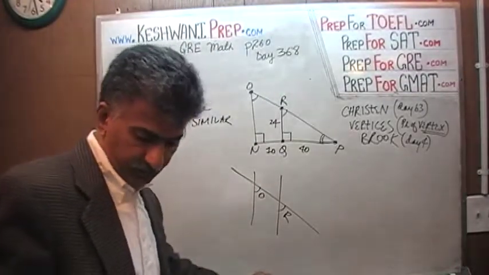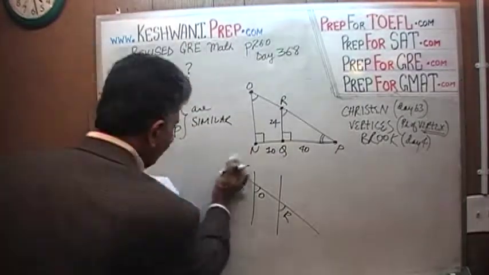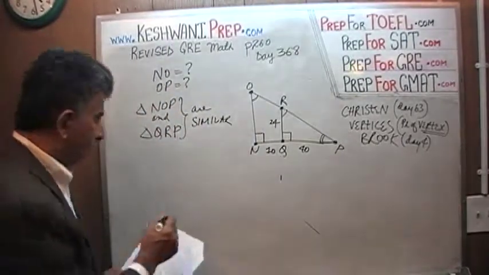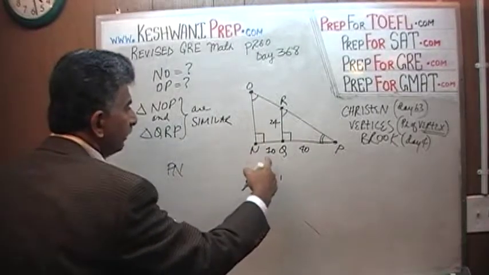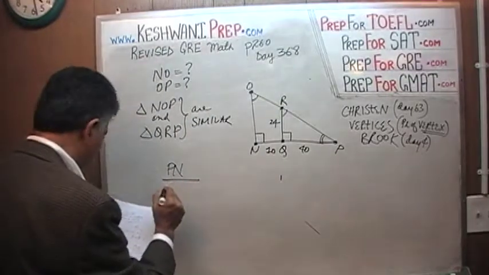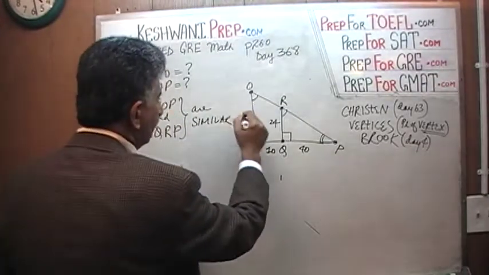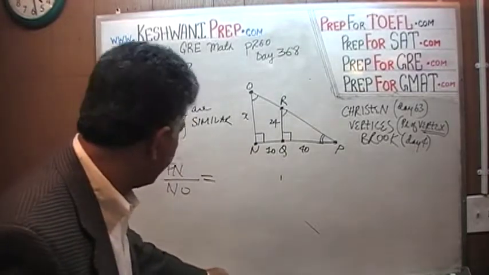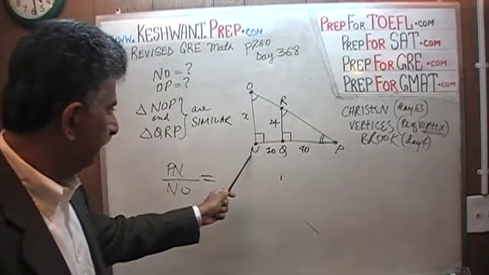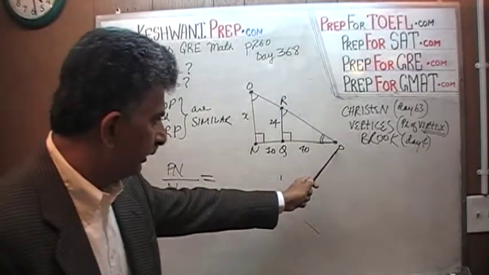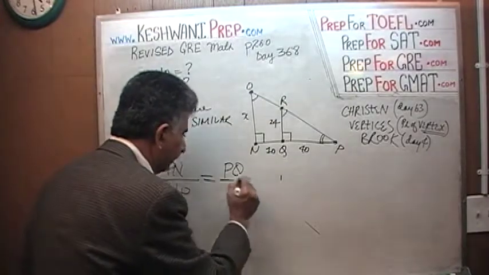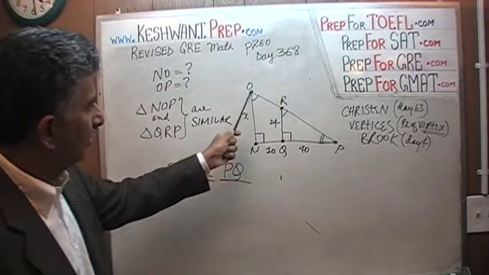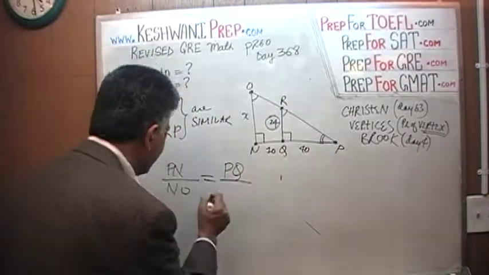Because they are proportional, that tells us that if you were to take the proportionality of the side P to N over N to O, let's call this thing X, that proportionality has to be same as P to Q over Q to R. Here on the other triangle we have P to Q, and N to O is what we're calling X, and the corresponding side to N to O is Q to R. That ratio has to be the same.